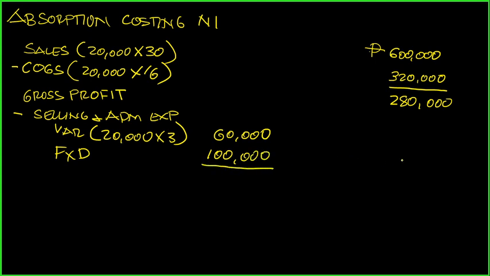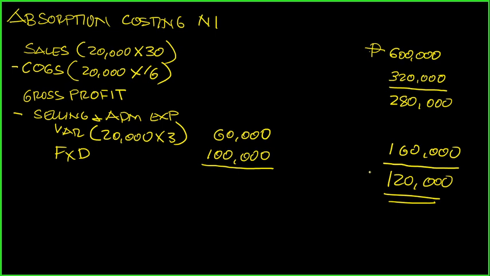So 60 plus 100, that will be 160. So 280 minus 160, it will be 120,000 dollars.